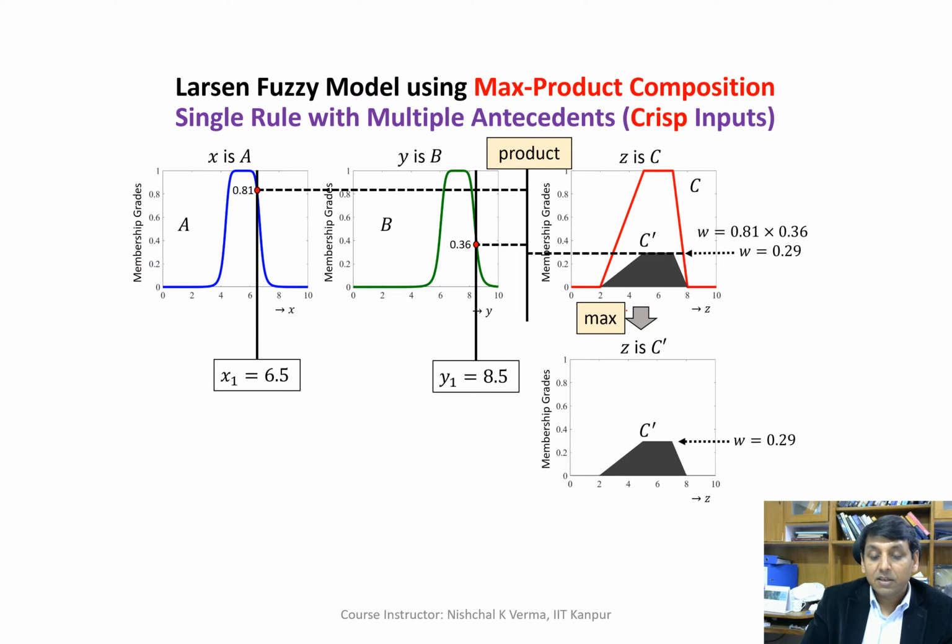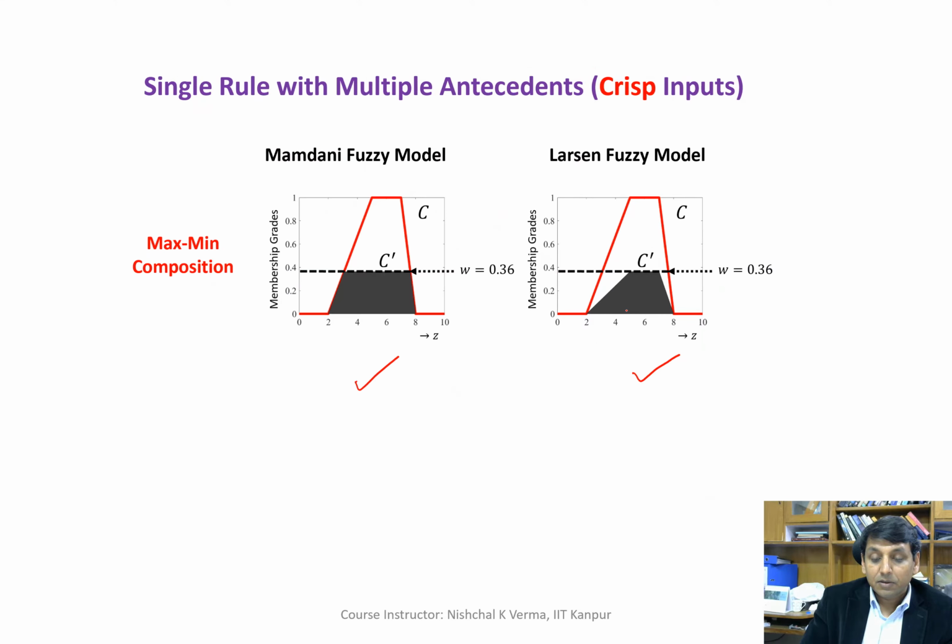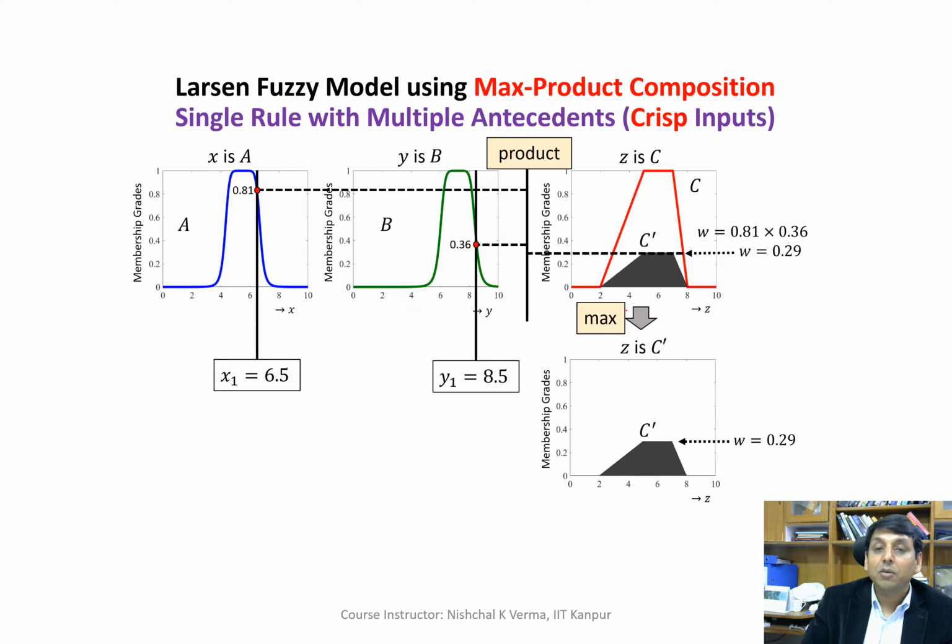Now let us move ahead, and for the crisp input let us use the max product composition. So in max product composition, let's quickly use this. Since we have already found the points of intersection, point 81, we can write here as W1, and here as W2.